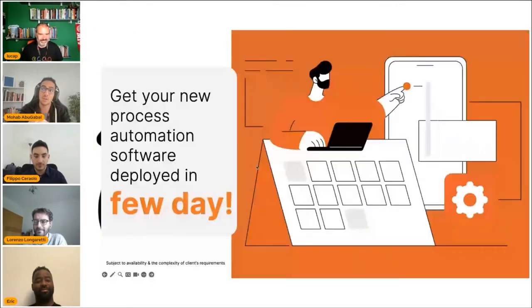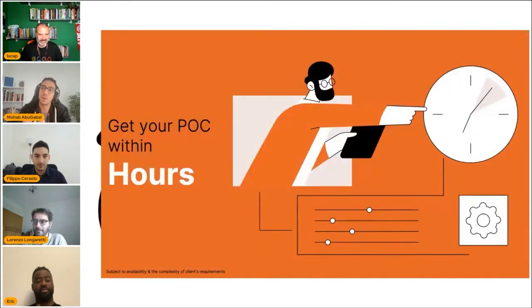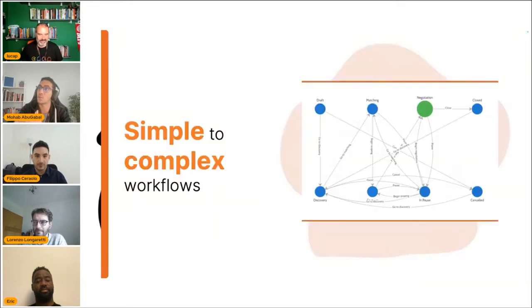Sorry, it doesn't. I would like to quickly, because we have like 1 minute, show some slides from the sales deck of ARPA, just for people who are not really aware. If you can share the screen. Yeah. Get your process automation software deployed in a few days, as happened in this case study. Get your POC within hours. I think it will depend on the workflow, of course.